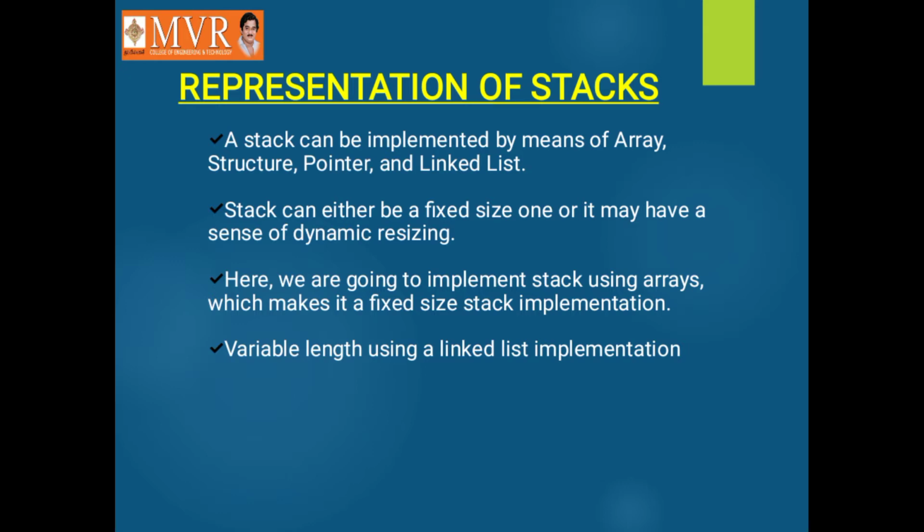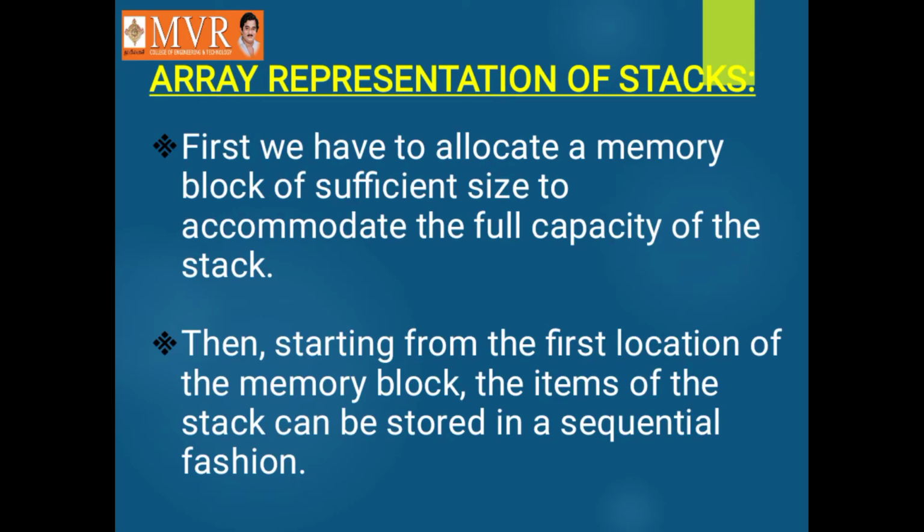Now, array representation of a stack. First, we have to allocate a memory block of sufficient size to accommodate the full capacity of the stack. Then, starting from the first location of the memory block, the items of the stack can be stored in sequential order.